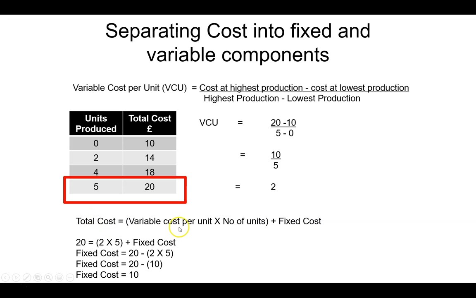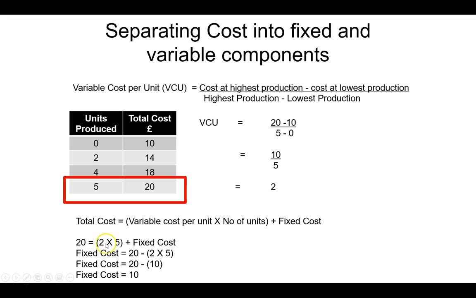So our total cost is your variable cost, which is this figure. But because we know our variable cost per unit to be 2, we can use any of these to work out our fixed cost. So for example, we take this, the 5 and the 20. So our variable cost per unit is 2 and number of units is 5.